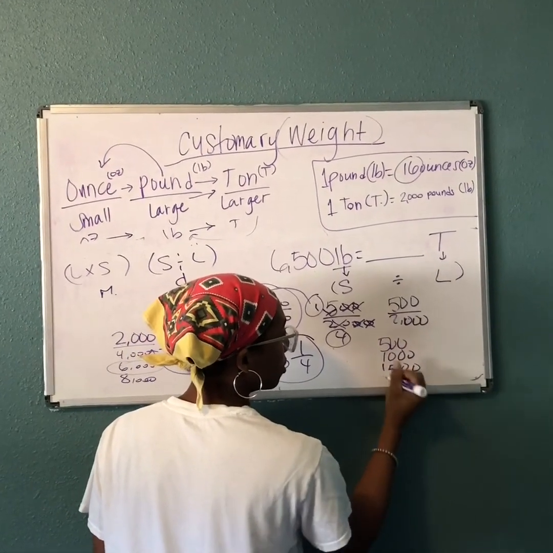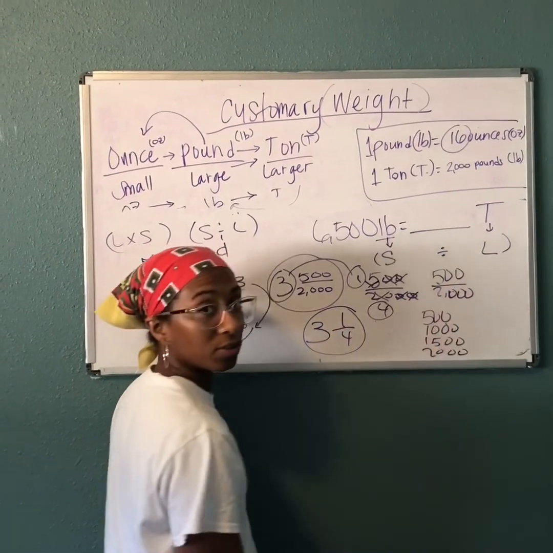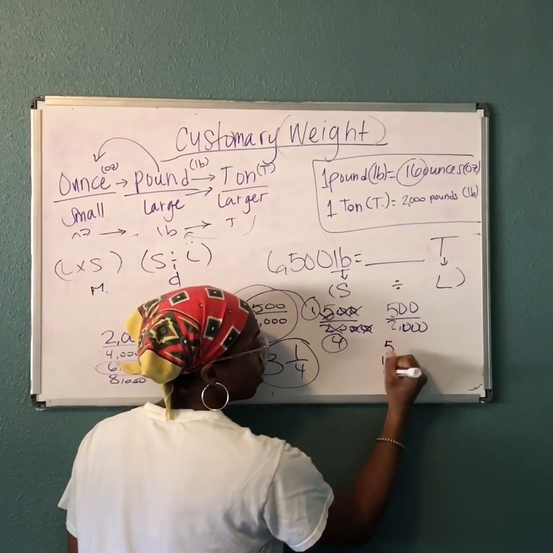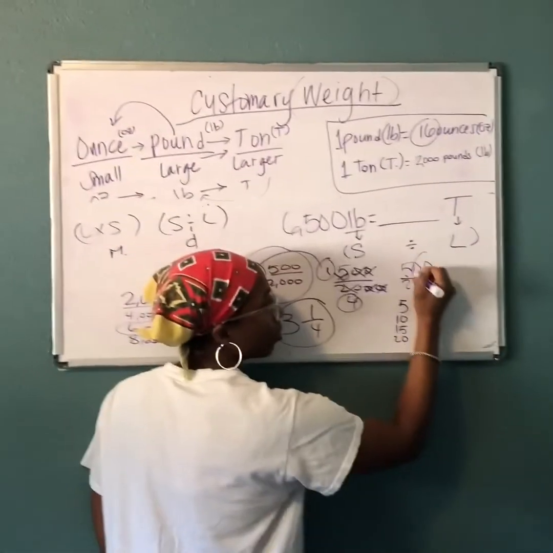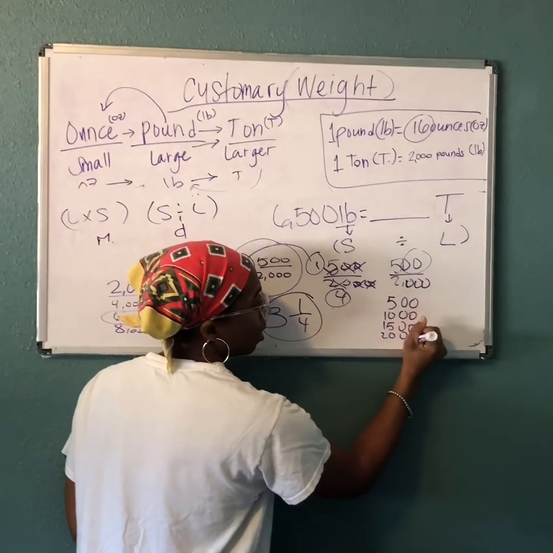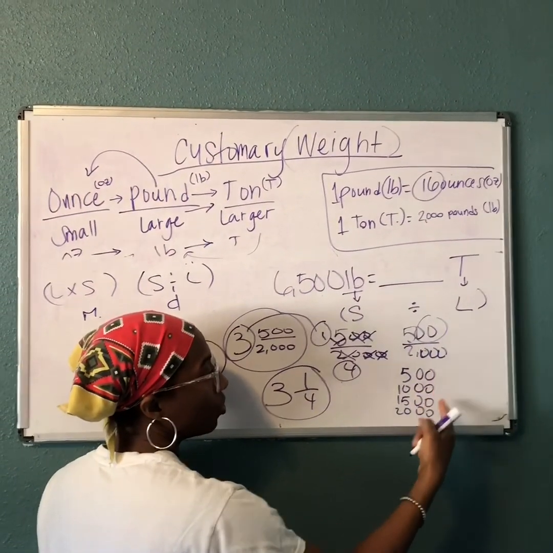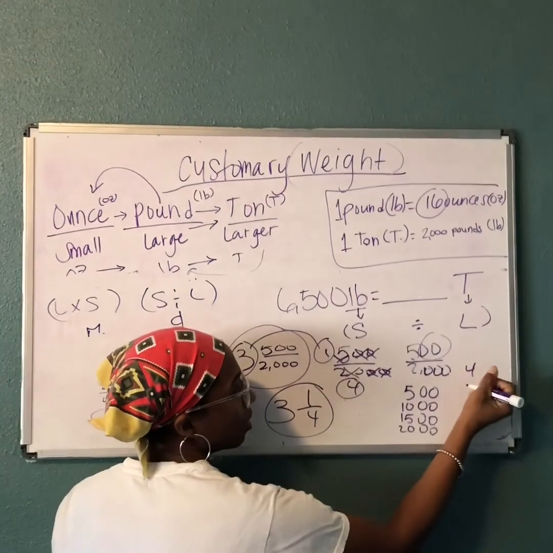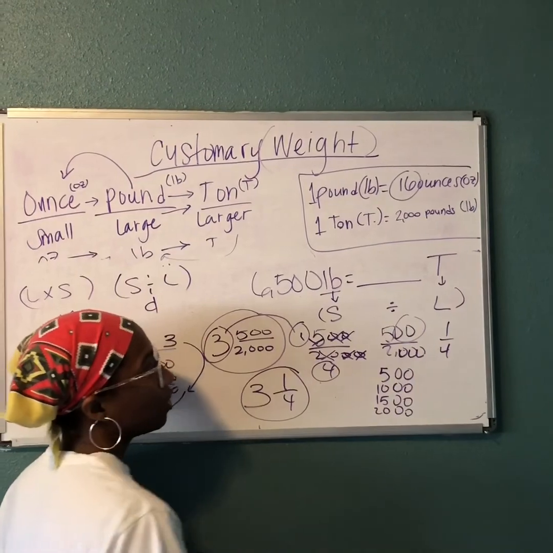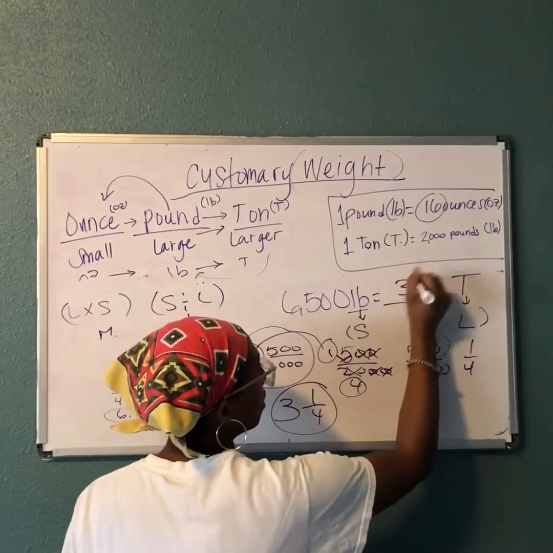So you got 500, right? How many times can 2,000 go into 500? Let's count. 1, 2, 3, 4. 4 times. 500 goes into 500 1 time. So that's another way to do it, okay? So our answer is 3 1/4.